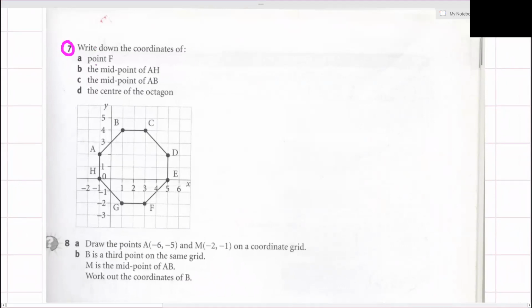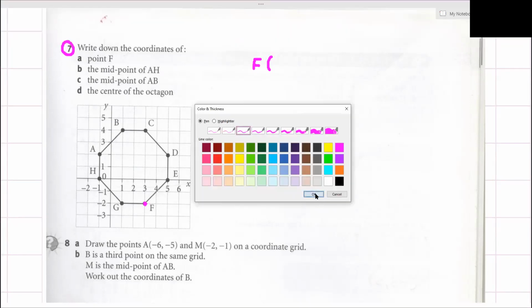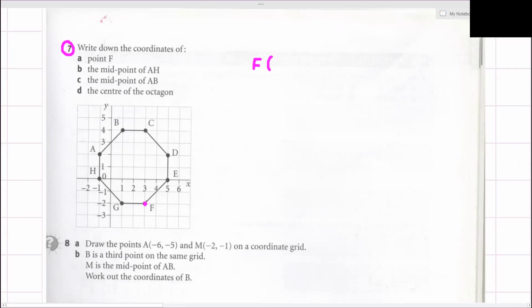Write down the coordinates of point F. What is the coordinates here of point F? Where is point F? Yes, here. This is point F. So we will write F. For point F, first we will see the x-axis, so 3 and -2. So 3 and -2.